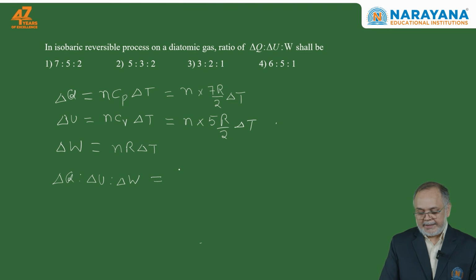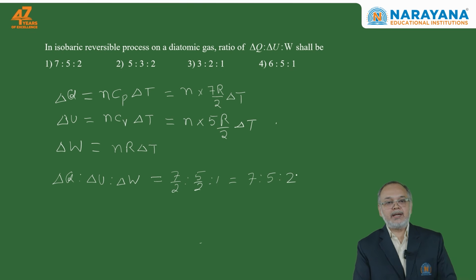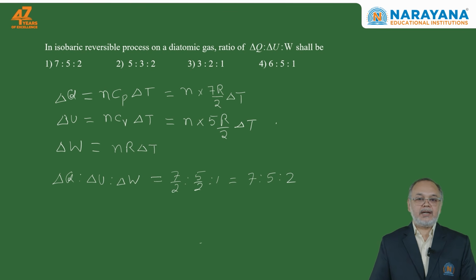So we can write 7 by 2 is to 5 by 2 is to 1, or 7 is to 5 is to 2. So we can say option 1 is the correct answer for this question.